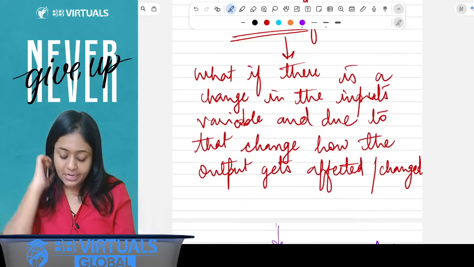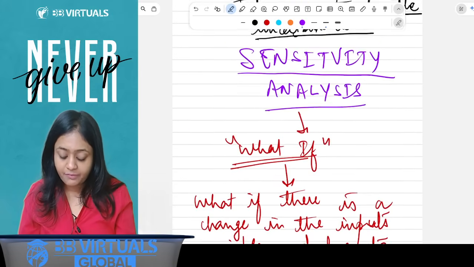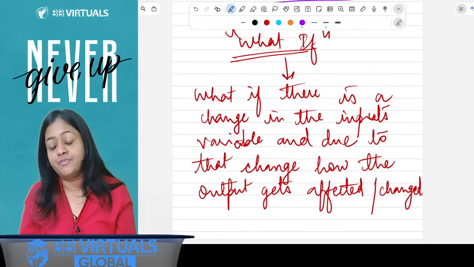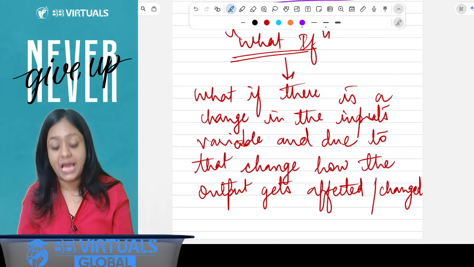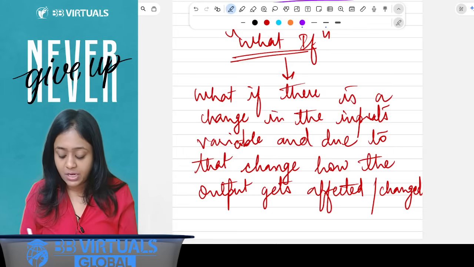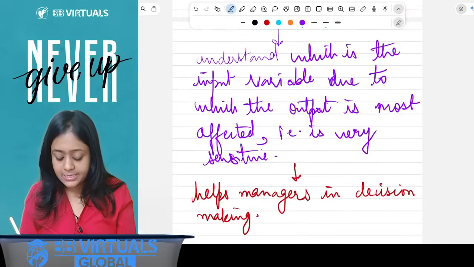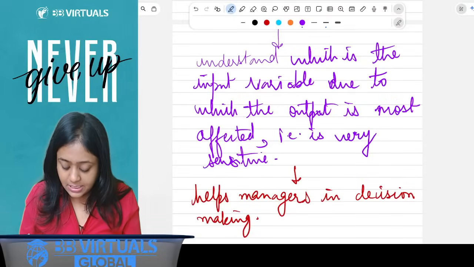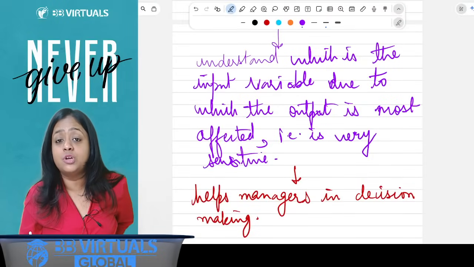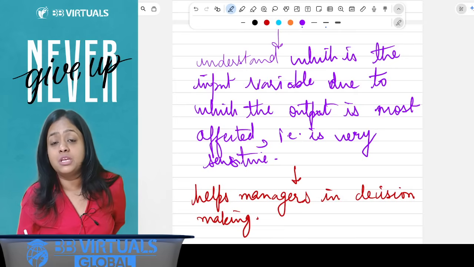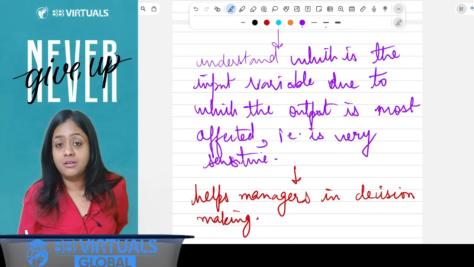So now elaborating it here, when we say we go for sensitivity analysis, we are just looking into what if analysis. That simply means what if there is a change in the input variable and due to which the output is affected. So you have to understand which is the input variable due to which your sales are affected. It simply means, let's say if my advertisement is 20%, my sensitivity analysis it is 20%.